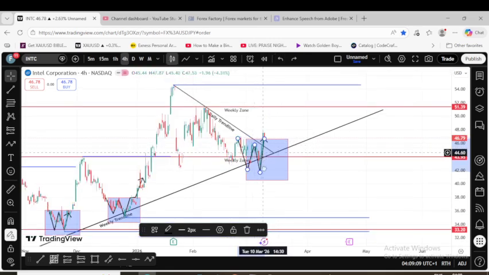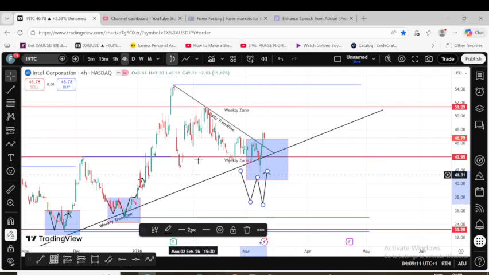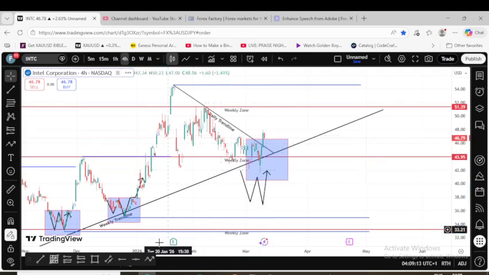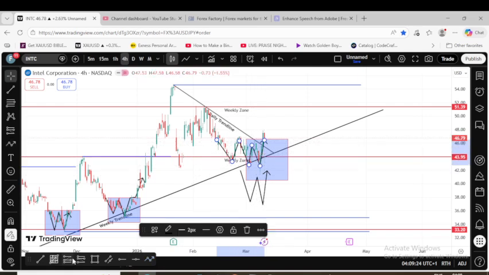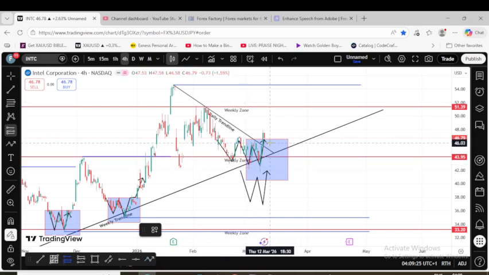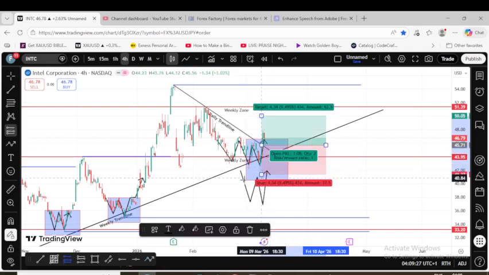So what I'm trying to say is that we have a W pattern here, but at the same time, I can draw this as a triple bottom. But even though I can draw this as a triple bottom, the end game is still the same.